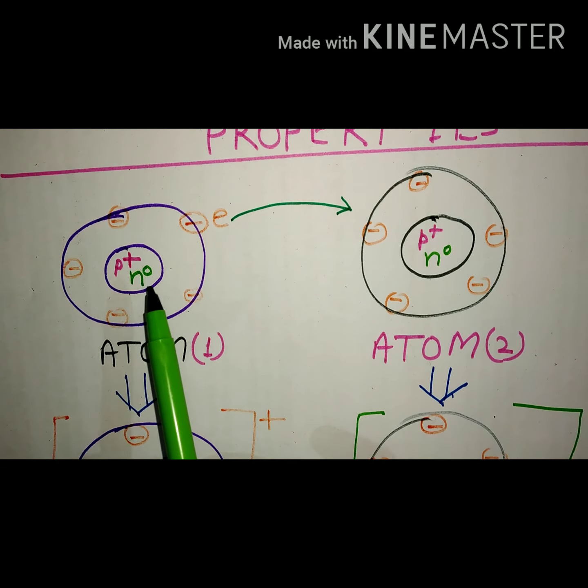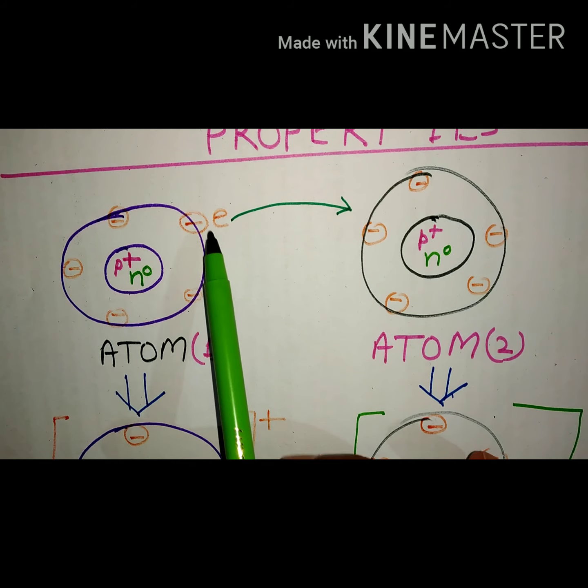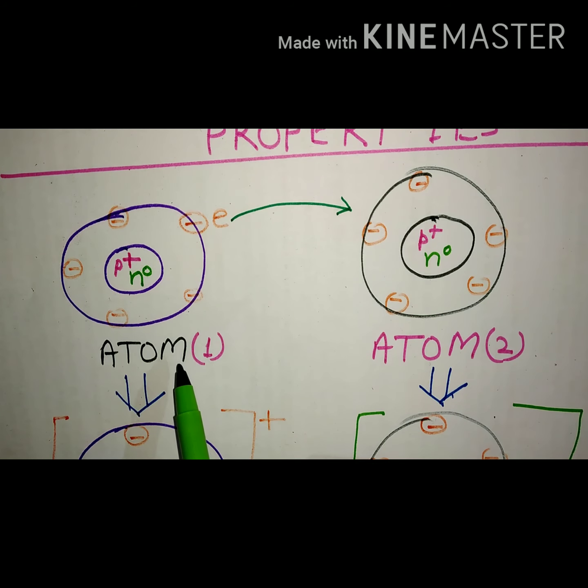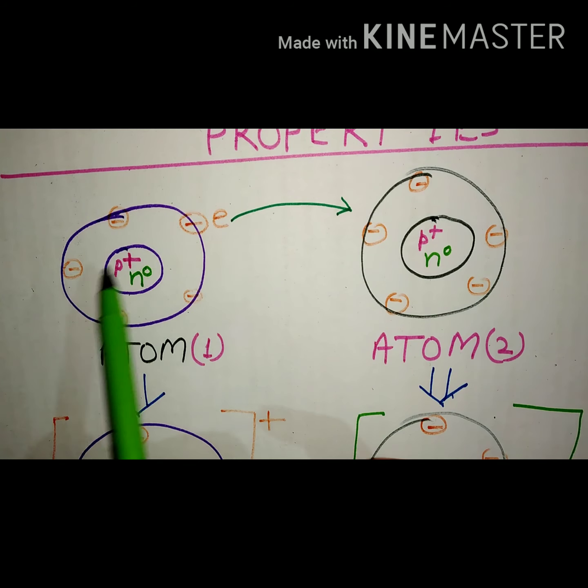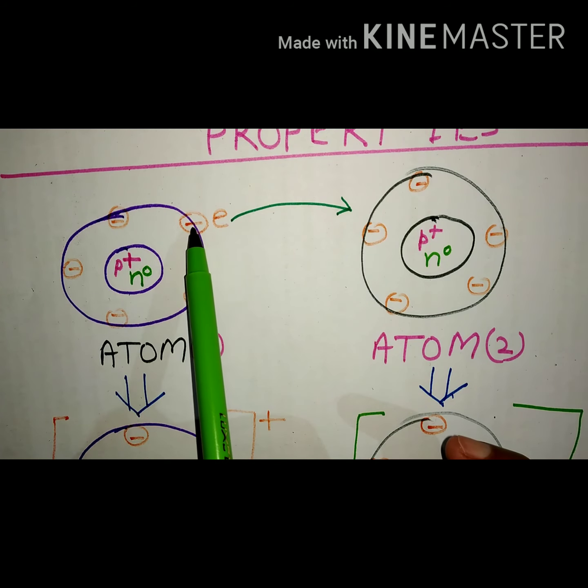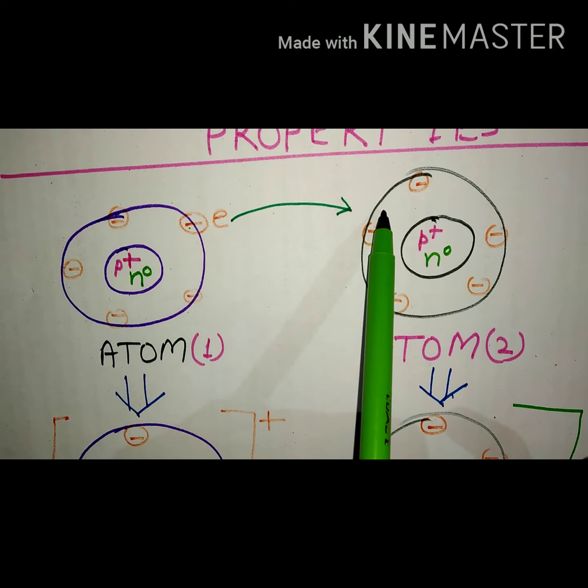We can see here the atom of material 1 and the atom of material 2. The protons and neutrons are confined inside the nucleus. The electrons are found in the orbit. So the electrons from the outermost orbit can be transferred from one atom to another atom.